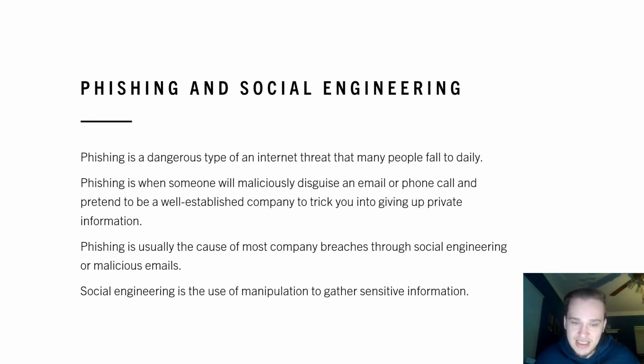They sent a fake email asking for money, and unknowingly they gave them money because they thought it was their boss. This happens all the time in companies. Social engineering is basically just the use of manipulation to gather sensitive information, mainly in companies.